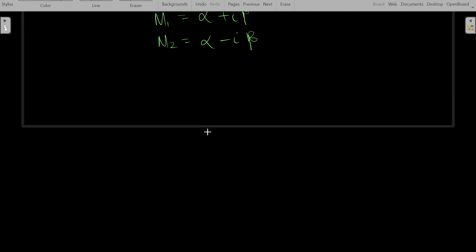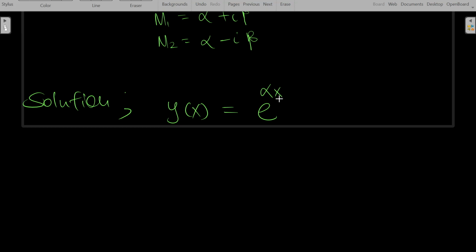So once we have that, we'll say the general solution. So the solution to this differential equation is y of x, sorry, I keep writing g of x. So y of x should give me e raised to alpha x. Just for clarity, I want us to write these in a cleaner and easier way, in a space that has a lot of space.